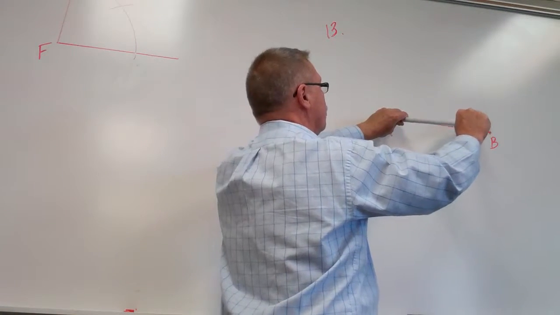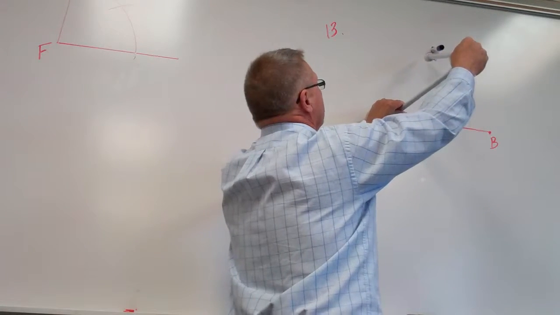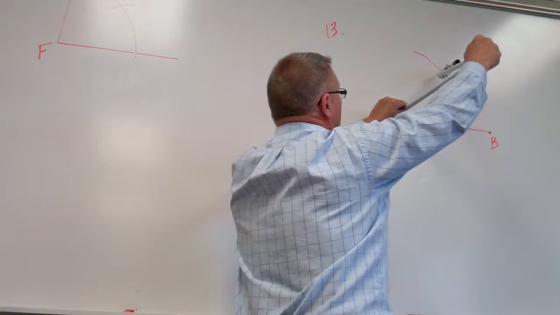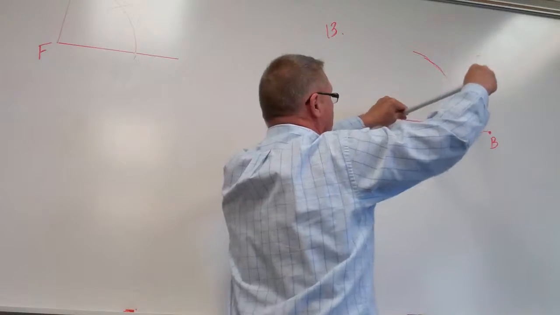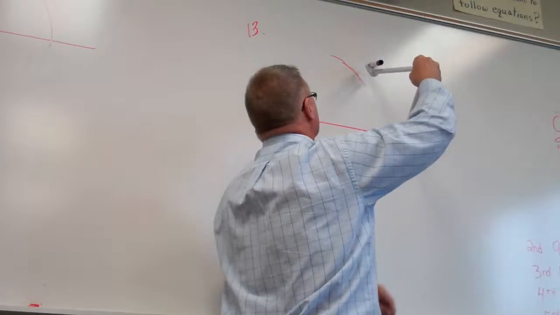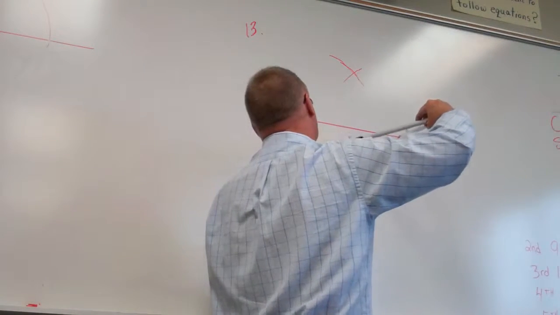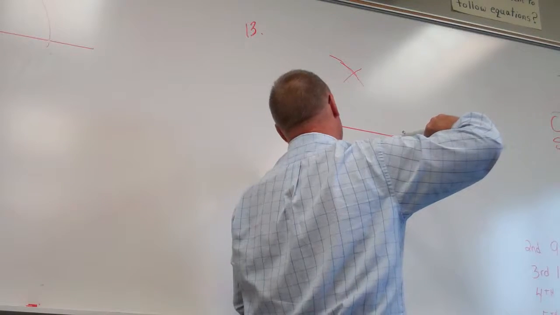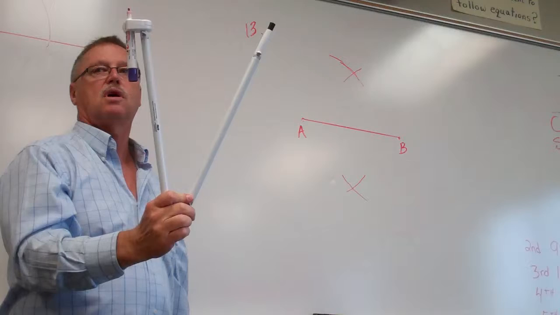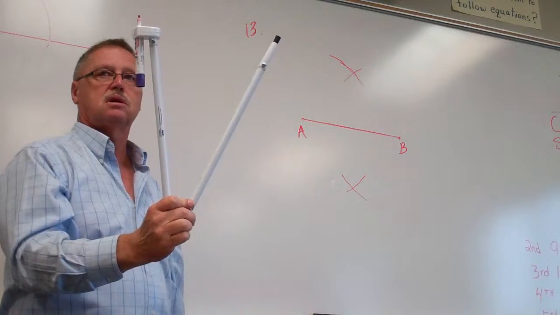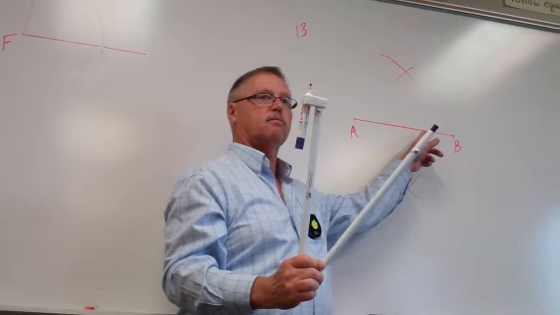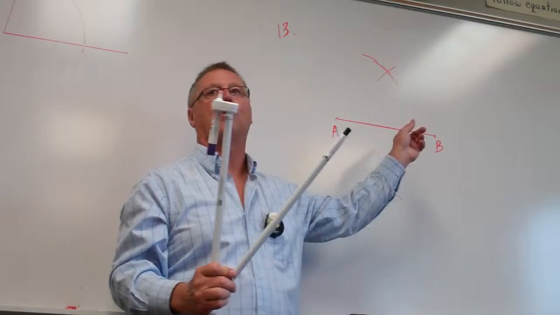I'm going to do just over half because I want you to know that you can do that. Arc above, below, from both ends. Crisscross, crisscross. You need the same setting for all 4 marks. Same setting, and it must be over half, more like 3/4 or the whole thing.